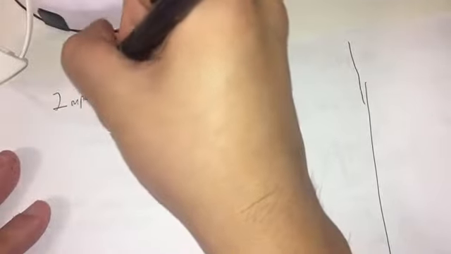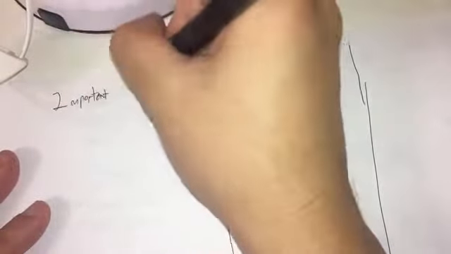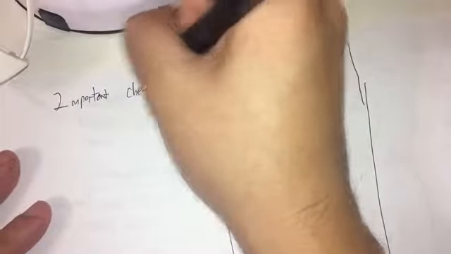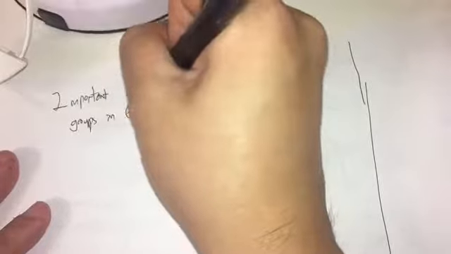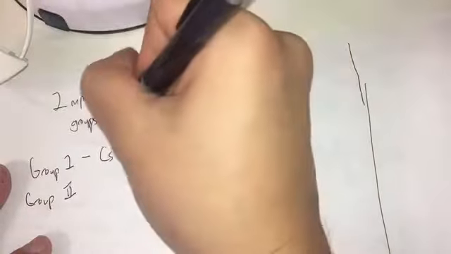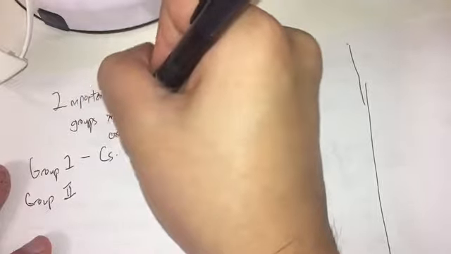So in summary, what are the groups that we can look at? What are the important chemical groups in fuel? Now you have group 1, which is the cesium, and group 2, and these will form oxides of different phases.